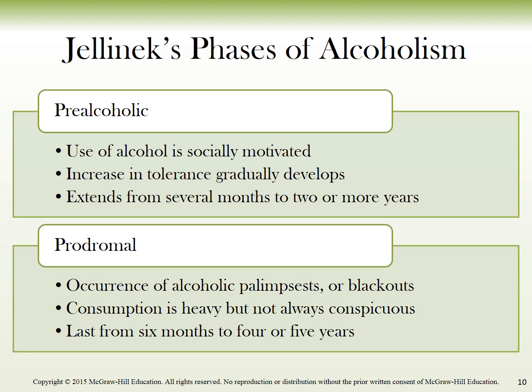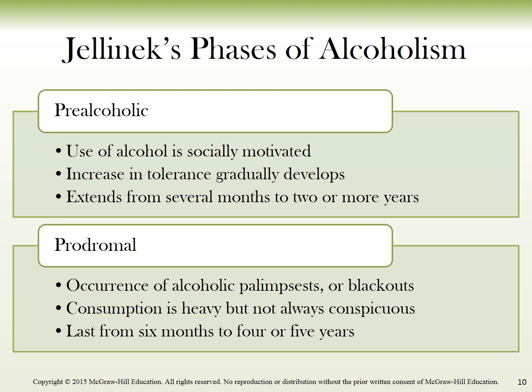Jellinek then said that the next stage for people who are going to progress to developing alcoholism would be what he called the prodromal phase. You'll see this in the chapter: it was his finding that people who enter the prodromal phase always experience what are called alcoholic palimpsest, more commonly known as blackouts.